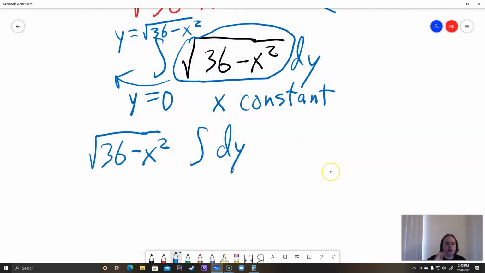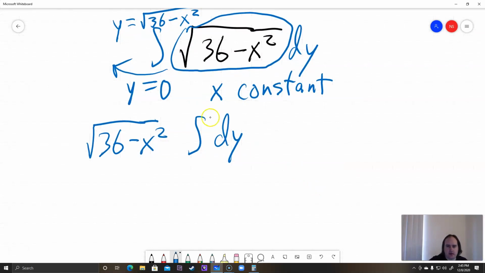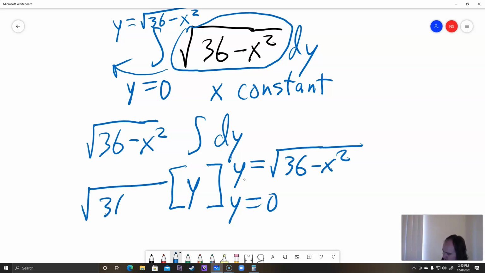Okay? But for the integral dy, the integral of dy is just y. Okay, so we wind up with y right here. And y is going to be going from 0 to square root of 36 minus x squared. And now we have a square root of 36 minus x squared out front.